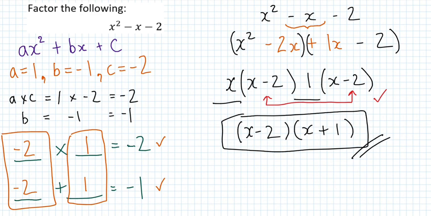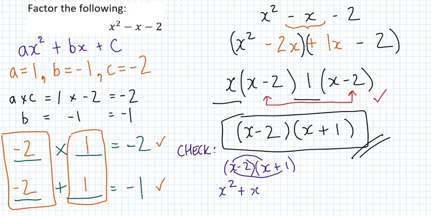Now, how do we check and make sure that we have done this correctly? Well, we can factor out. So let's do that. I'll write check. x minus 2, x plus 1. When we distribute these out, x times x is x squared. x multiplied by 1 is x.